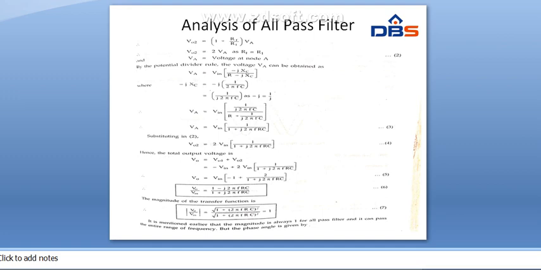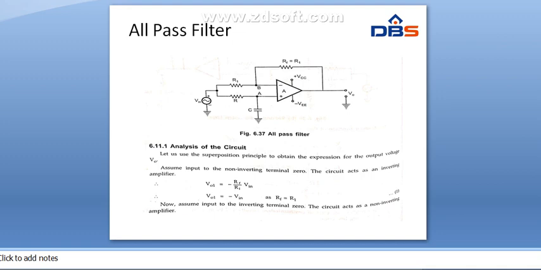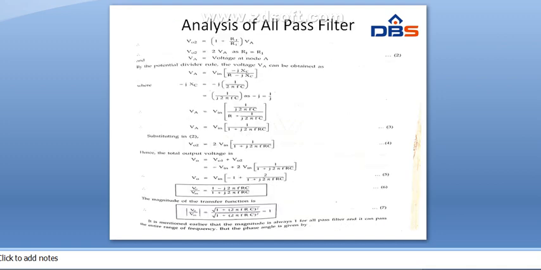By using the potential divider rule, the voltage at node Va equals Vin into minus jXc by R minus jXc, where minus jXc is minus j into 1 by 2 pi fC. Since 1 by j2 pi fC is minus j, we can write Va equal to Vin into 1 by j2 pi fC by R plus 1 by j2 pi fC.